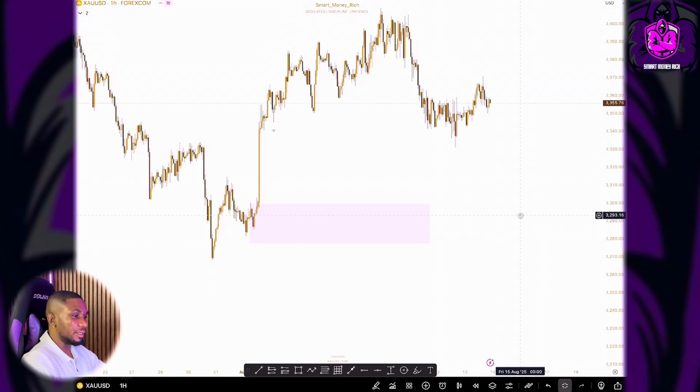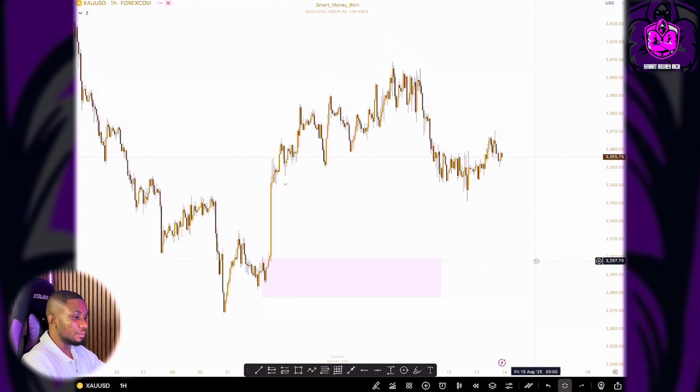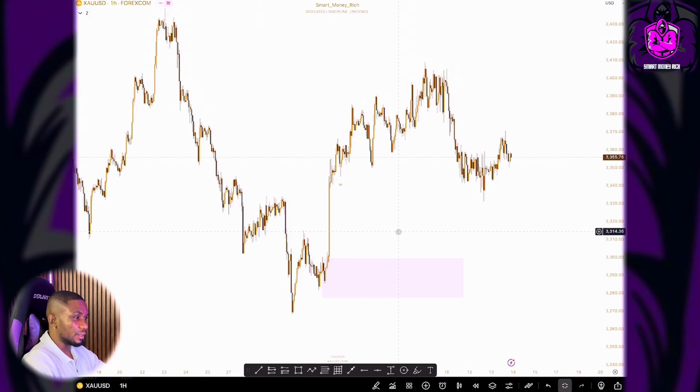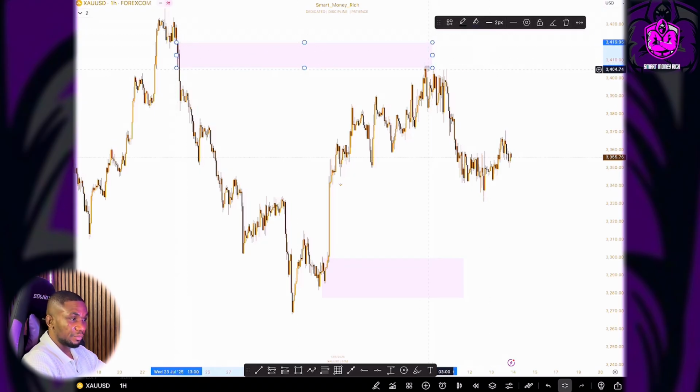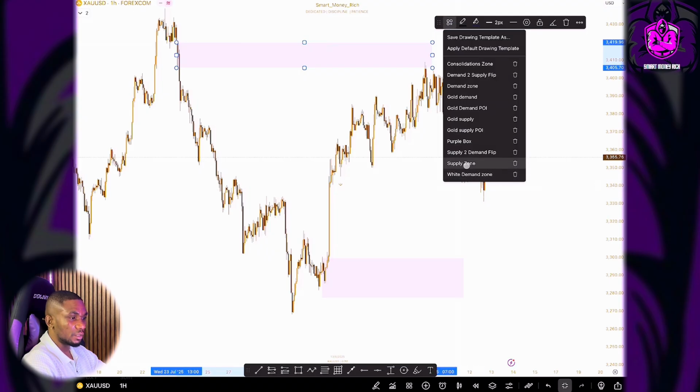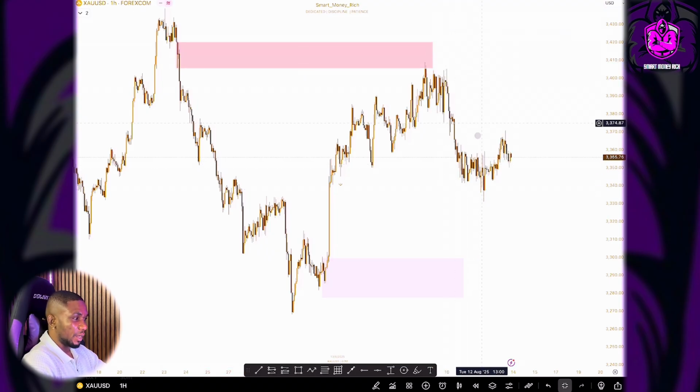Looking at the opportunity on gold, I'm doing a real analysis, right? Over here it's an order block that has already been mitigated, so we're going to mark this as some kind of supply zone.